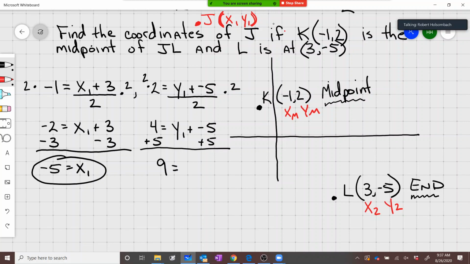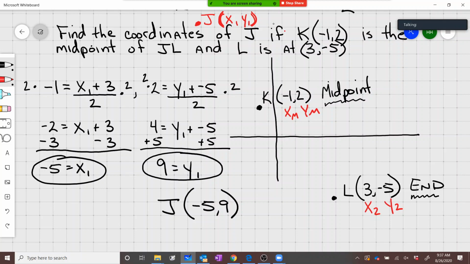And 9 is equal to our y sub 1. So point J, the other endpoint of this segment, is going to be located at negative 5, 9. And that's how you use the midpoint formula to find endpoints on the coordinate plane.